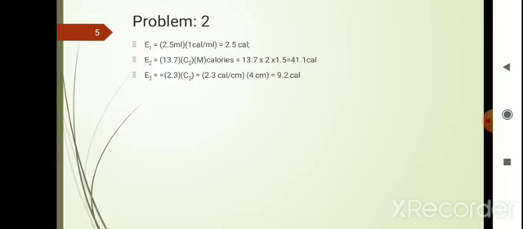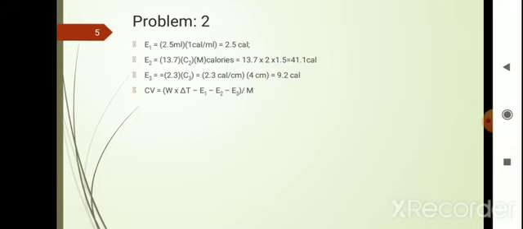And E3, we are using nickel chromium wire, it is 2.3 C3, so that depends on the material of the wire. If it is a platinum wire, this will be 0. So it is nickel chromium wire, we have this equation 2.3 C3, just multiply 2.3 with C3, the length of burned fused wire, 4 centimeter here, so that is equal to 9.2 calorie.